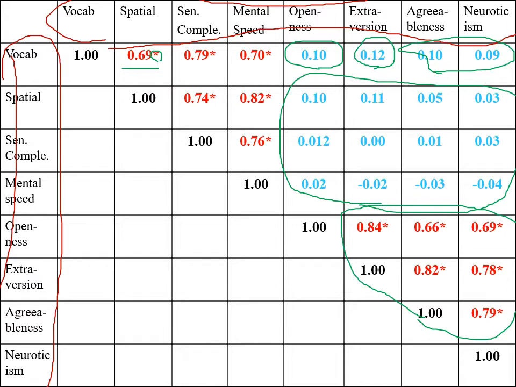So they are not tapping into exactly the same construct, but a similar construct. Together, openness, extroversion, agreeableness, and neuroticism collectively can be explained under one domain of a bigger construct, personality.